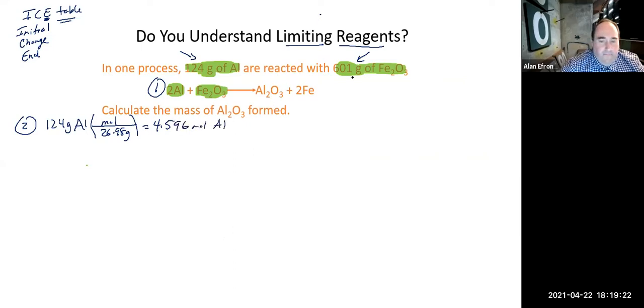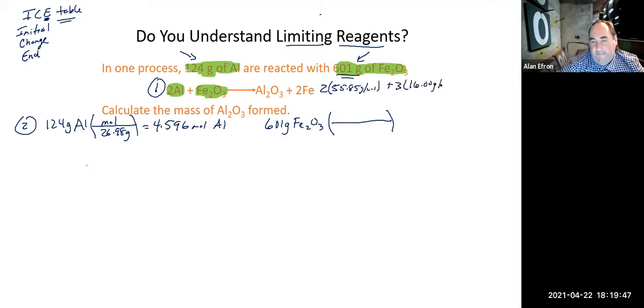We're also going to convert this guy into moles. So 601 grams of iron 3 oxide, going to the periodic table to convert into molar mass. It's going to give me 2 times my iron, which is 55.85, plus 3 times my 16 for my oxygen.